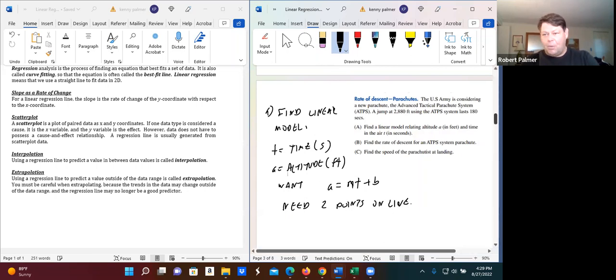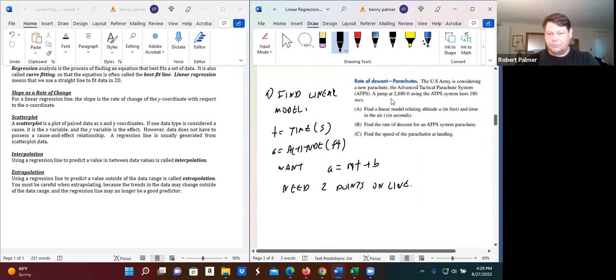Now, what it tells us is a jump from 2,880 feet, and the descent lasts 180 seconds. Let's think about converting that into data points. The jump starts at 2,880 feet. What time is that? That's our altitude, so that's time 0. That point is at t equals 0, and our height is 2,880.